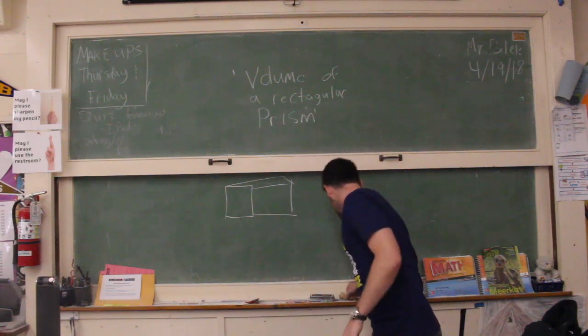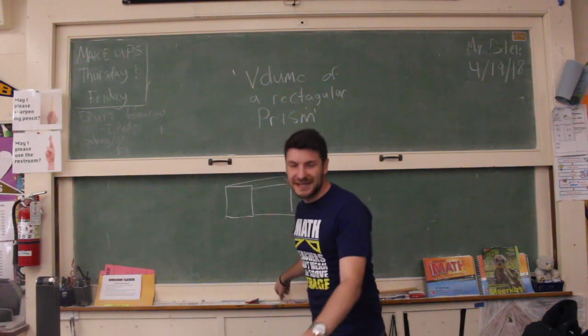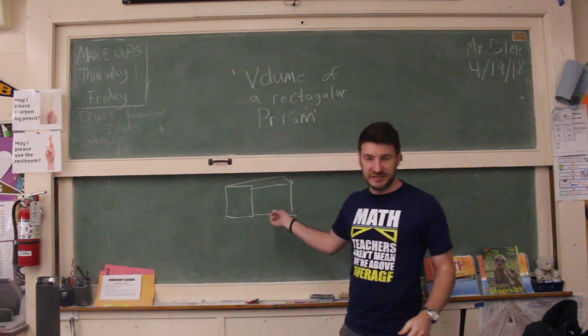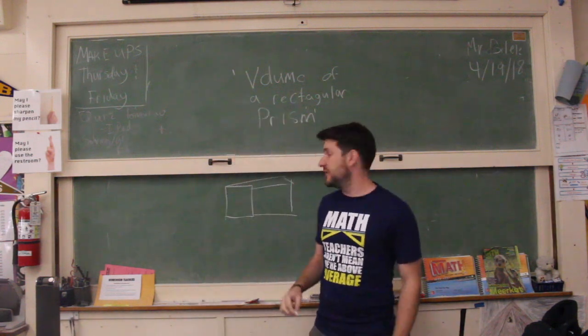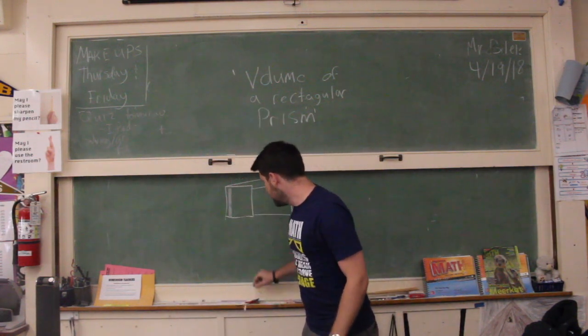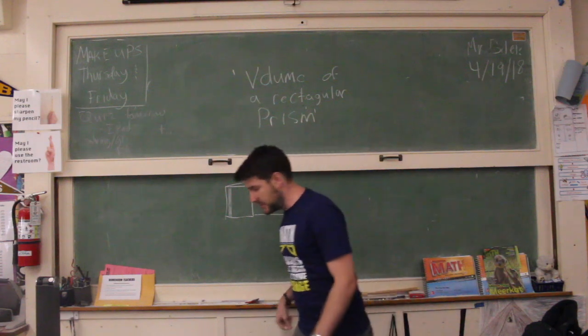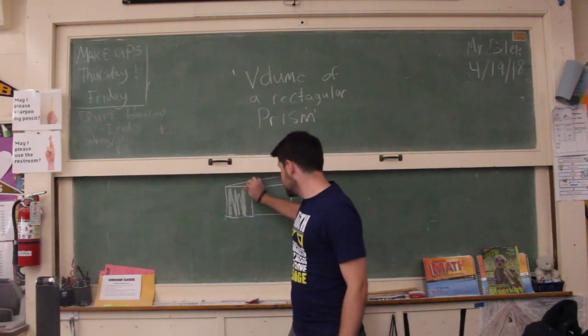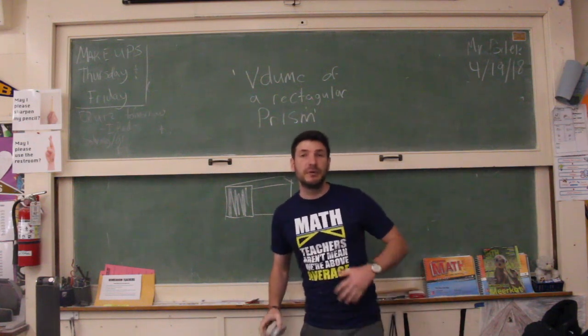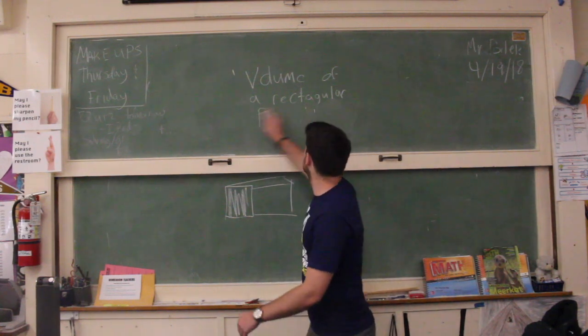If you look here, you can see that we have a rectangular prism. We know how to find the surface area and the area of one shape. But let's talk about how this tells us what volume is. Area is when we measure it in square units.